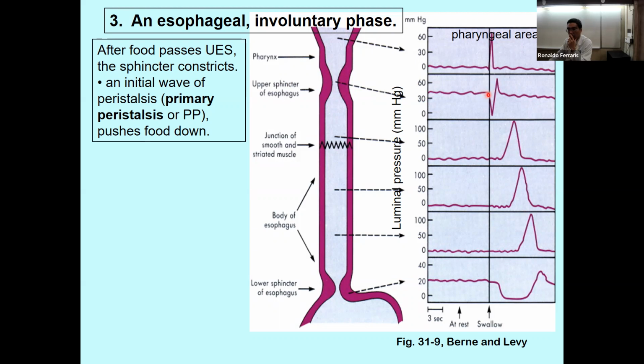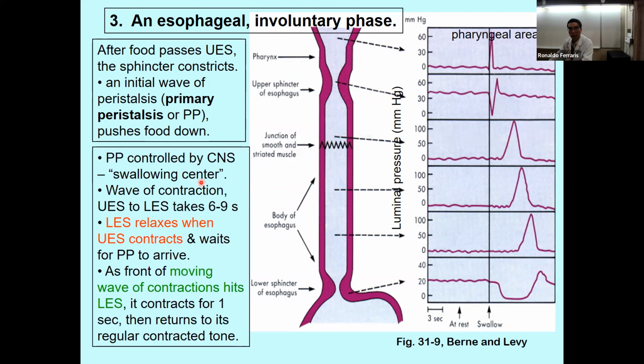And then when you eat your lamb biryani, I mentioned it relaxes for 1 second, then it contracts forcefully for another second, and it goes back to its contracted baseline. So that's what's going on right there. Once it contracts, it triggers a primary peristalsis, shown here. The primary peristalsis is a moving wave of contraction that goes from the upper to the lower esophageal area.